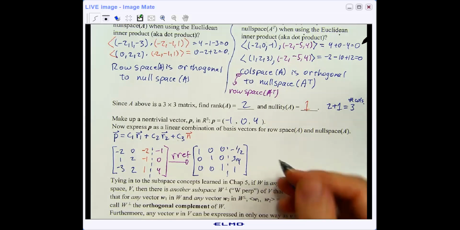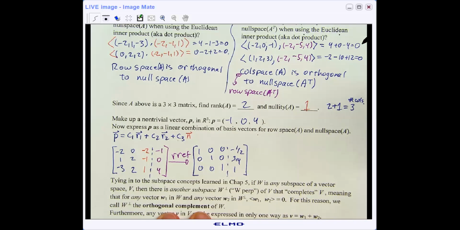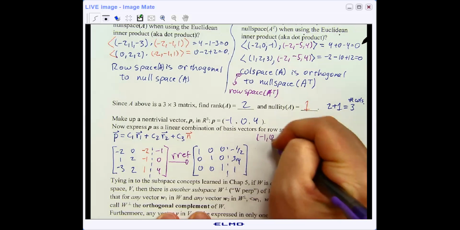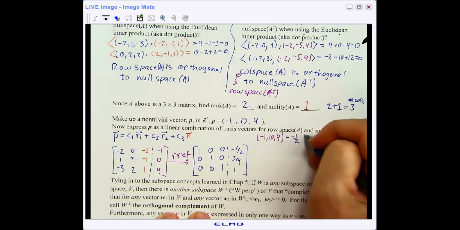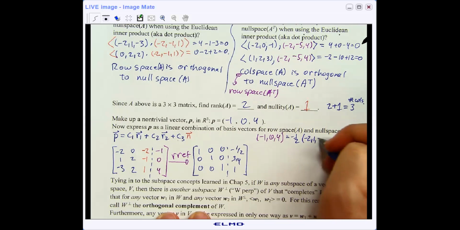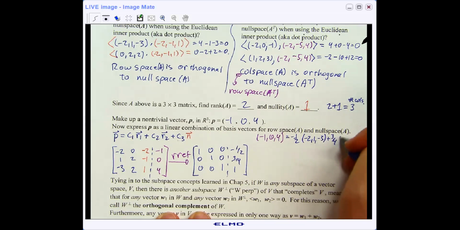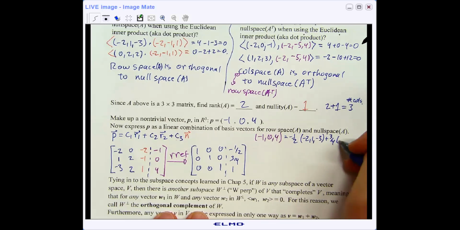What that means is to make the vector -1, 0, 4, I need to do -1/2 times -2, 1, -3, plus 3/4 times the second row space vector of 0, 2, 2. Oh, I'm running out of space. Plus 1 times the null space vector, which was -2, -1, 1.